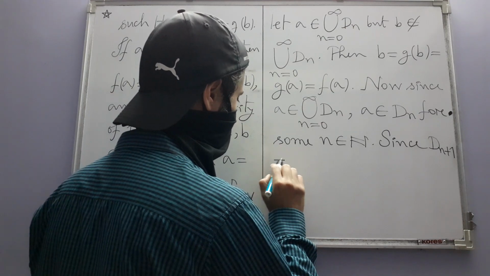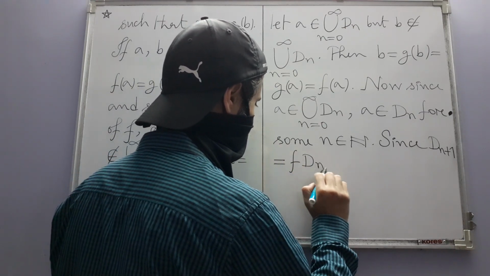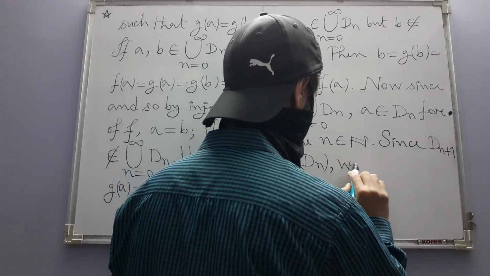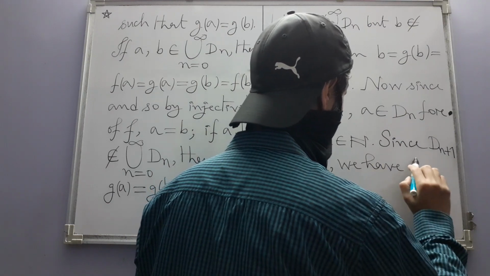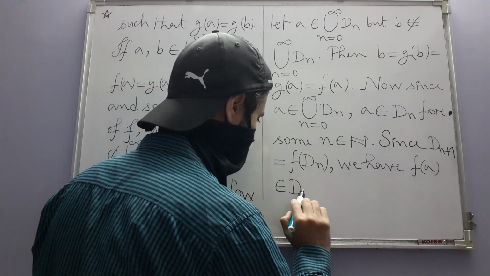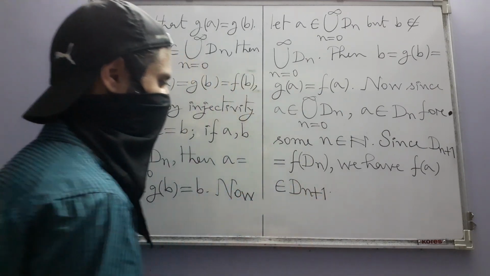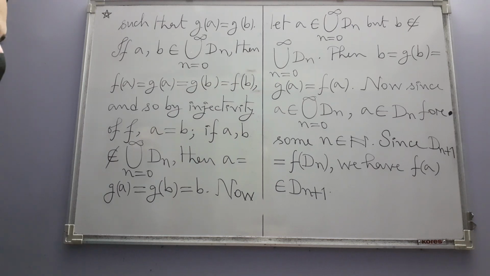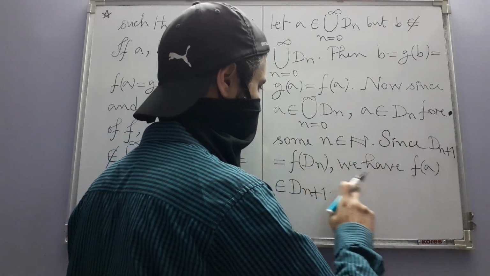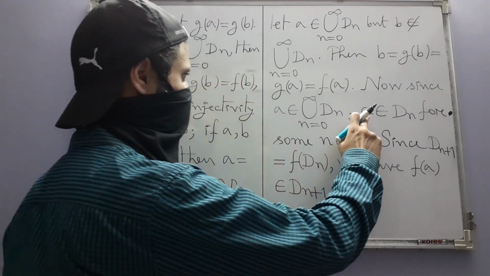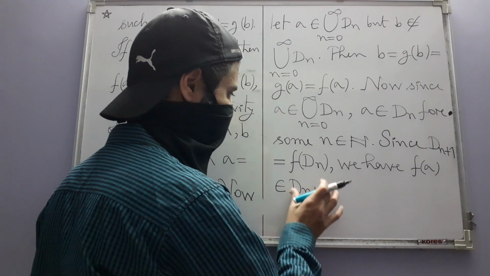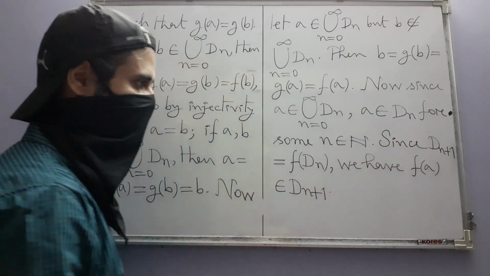Since Dn plus 1 is by definition f of Dn, we have f of A belonging to Dn plus 1. You can clearly see why. Since Dn plus 1 by definition is nothing but f of Dn and our small a is coming from Dn, the image of A under f will lie here. That means here.